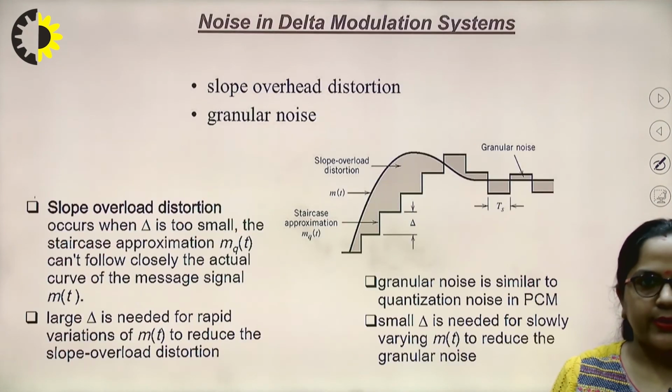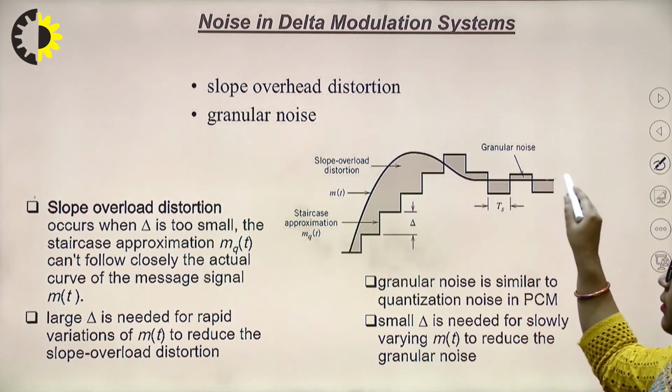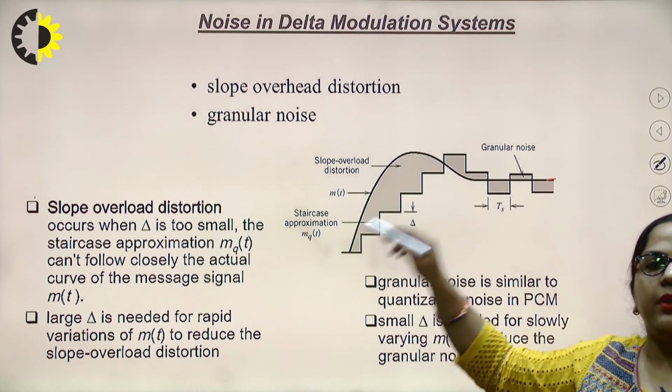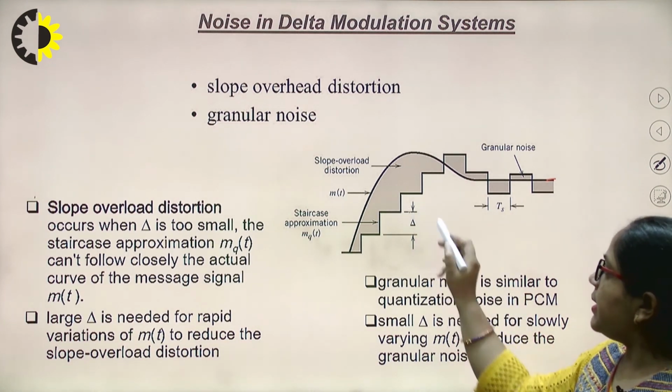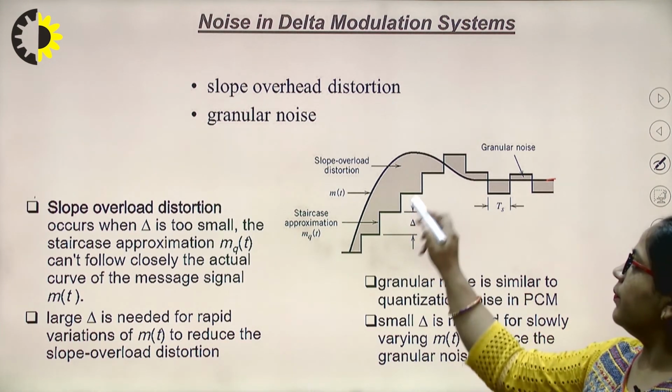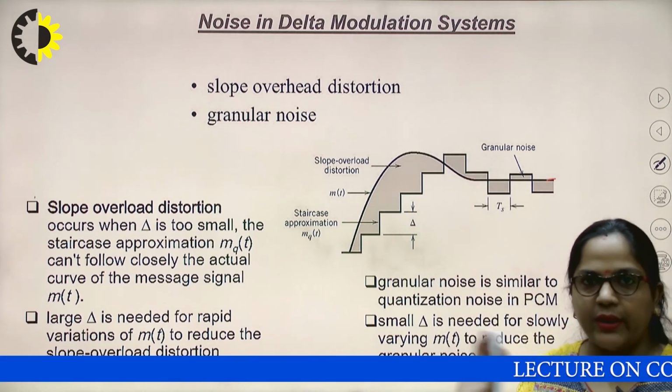What are these two noises? Here, this is the analog signal that we want to sample and quantize to convert into digital form, and we have considered this step size. This staircase approximation we get after quantization.